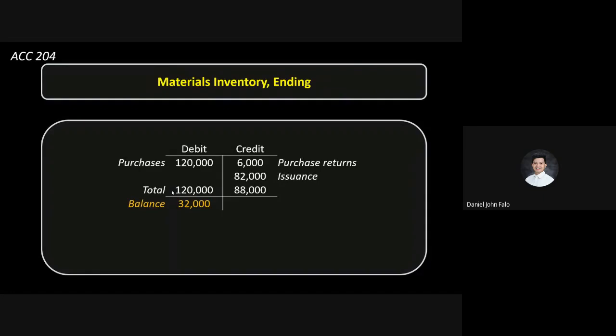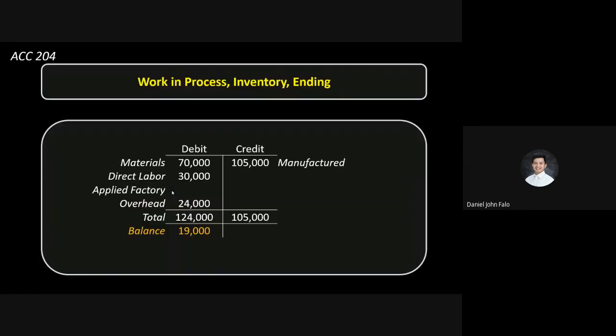So here is the computation of the work in process inventory ending. Let's start. We have materials, 70,000. Next, we have direct labor, 30,000. Applied factory overhead, 24,000. Take note that the amount of the factory overhead is 24,000, which is the applied factory overhead.